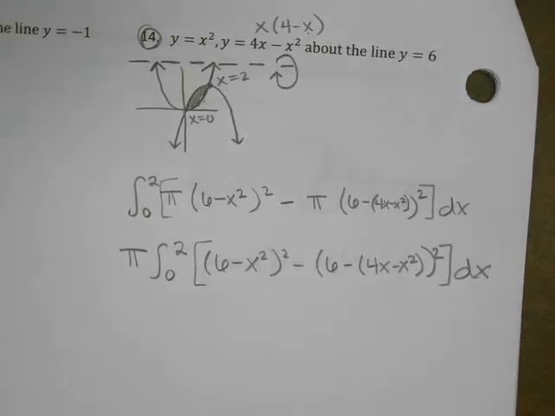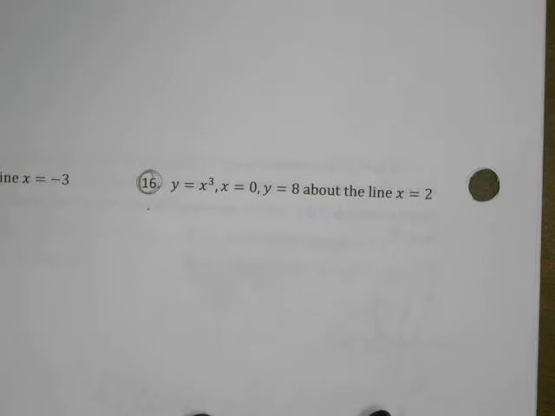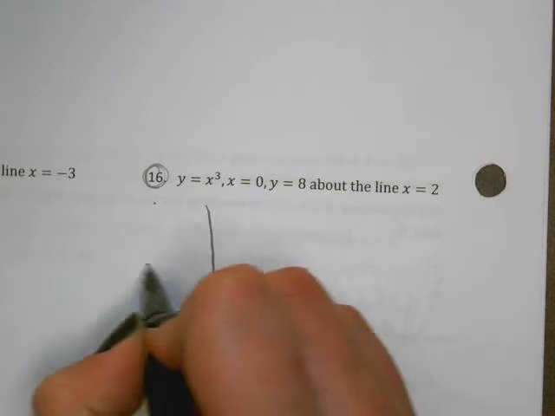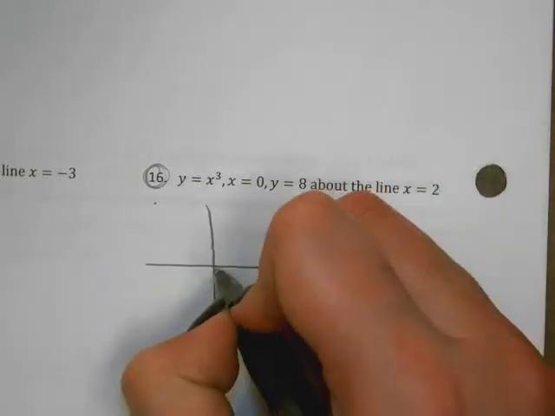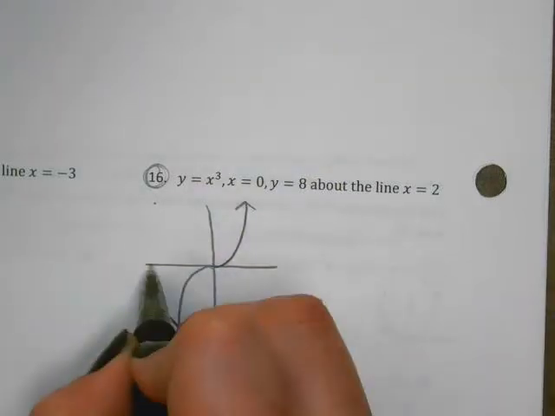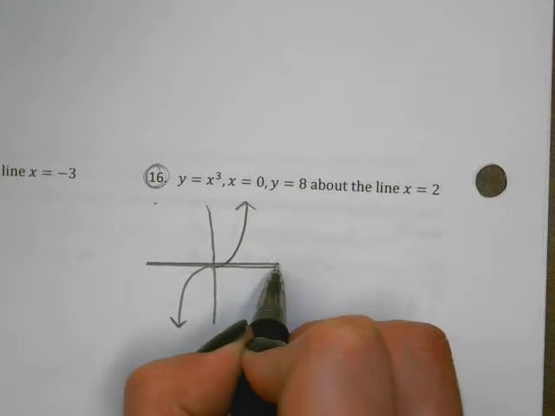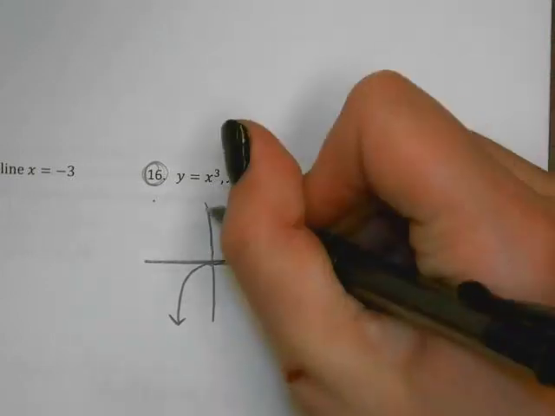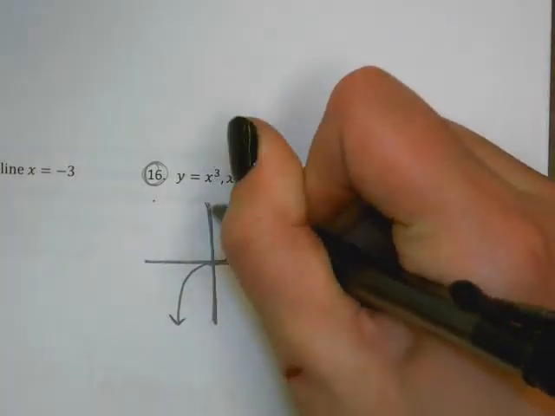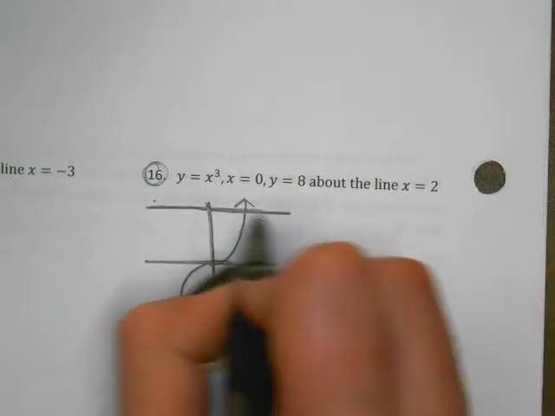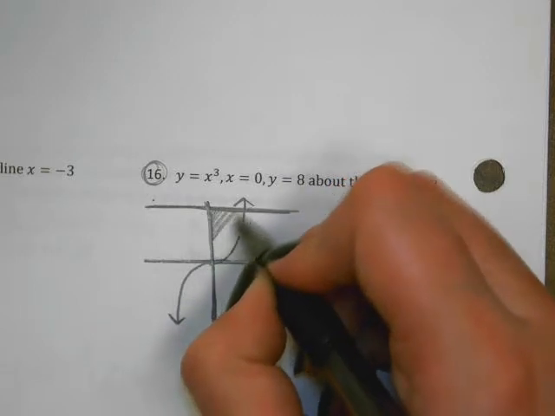I also wanted to show you number 16. This one has a vertical line, so this is going to be in terms of y this time. So x to the third looks like this. X equals 0 is this line right here. Y equals 8 is a horizontal line up here, and that means this right here is our area.